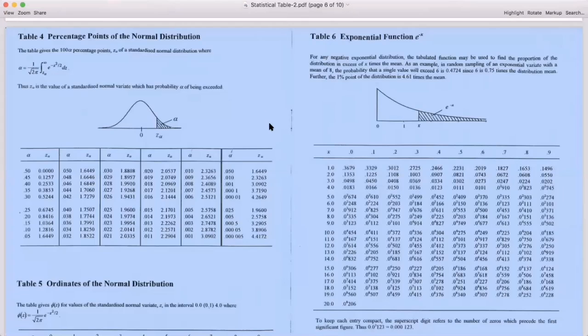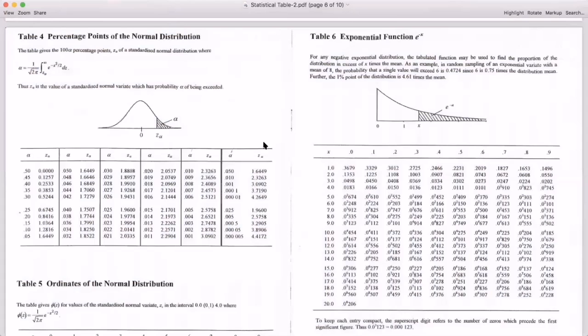So you look at this diagram here, right? The alpha here is the probability, right? So for 0.005, the cutoff is 2.5758, okay?